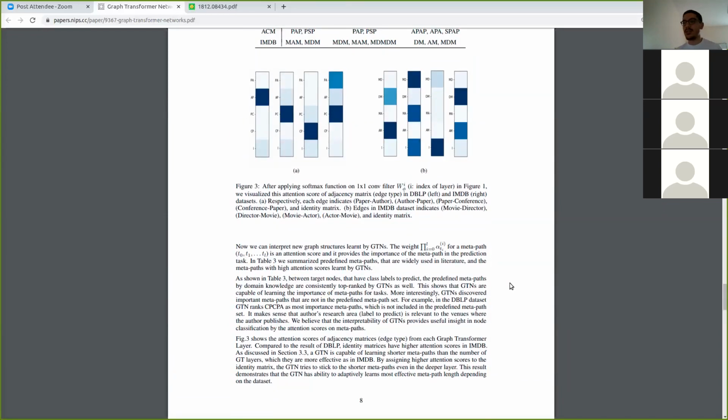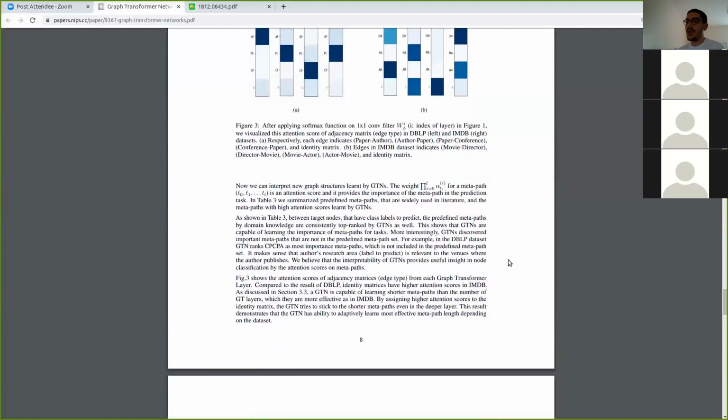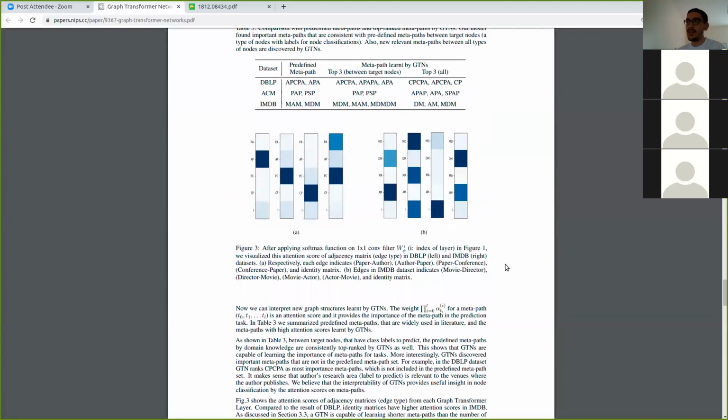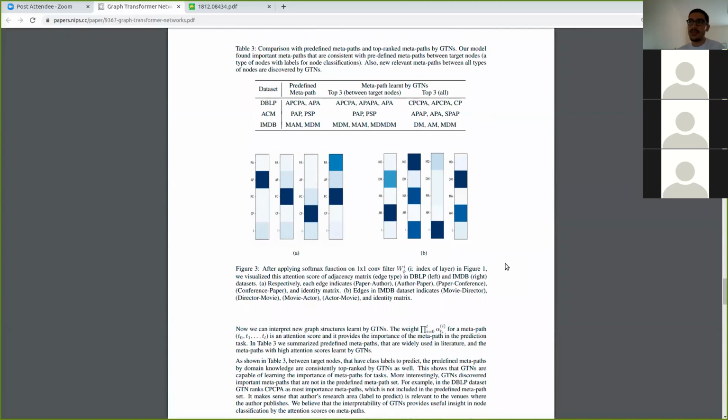The identity matrix allows you to include original connections in the graph, so essentially for an L layer GTN with the identity matrix, you can learn an L+1 length metapath. Even then, the model tends to stick to shorter metapaths.